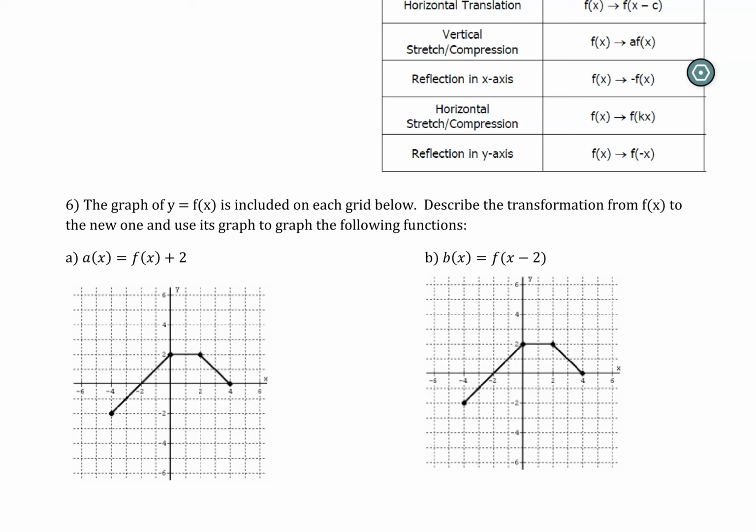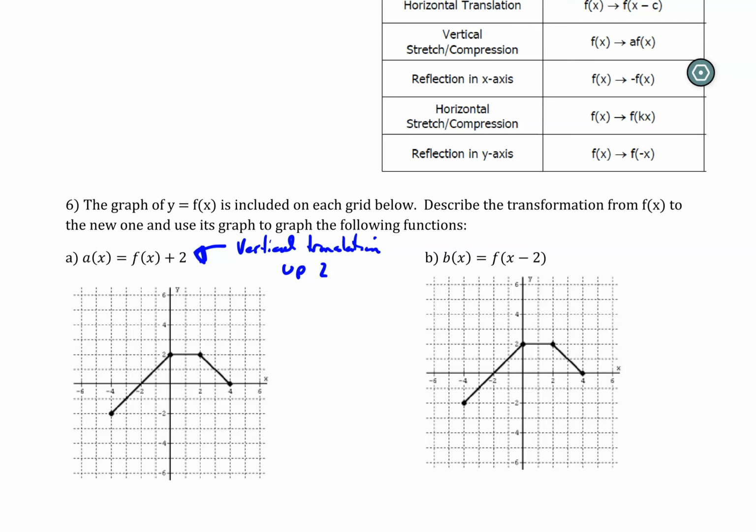So for the first one here, a of x is the f of x function plus 2. So this plus 2, again, it's on the outside of the function. So that makes this a vertical translation up 2.